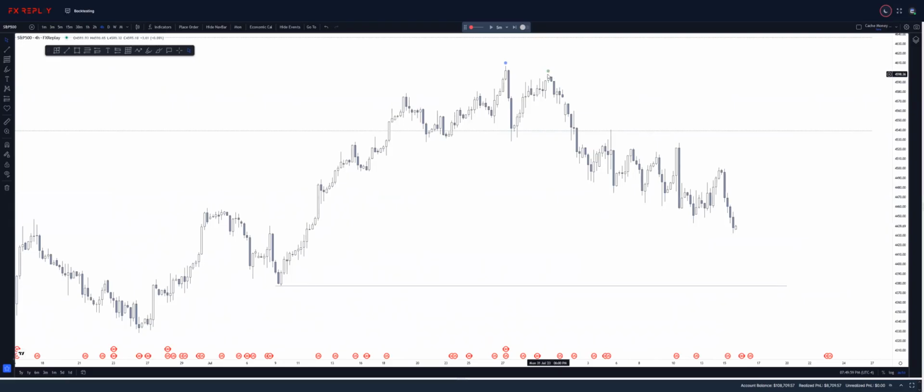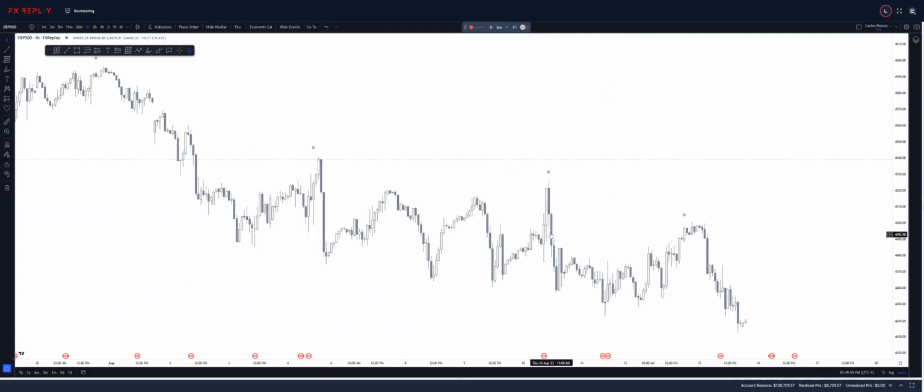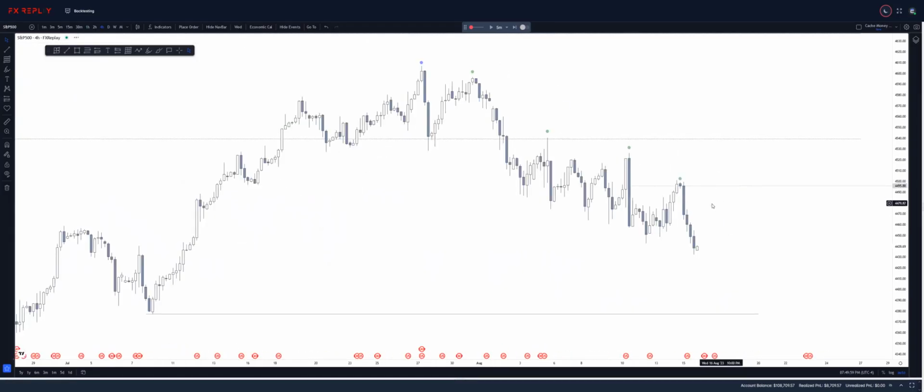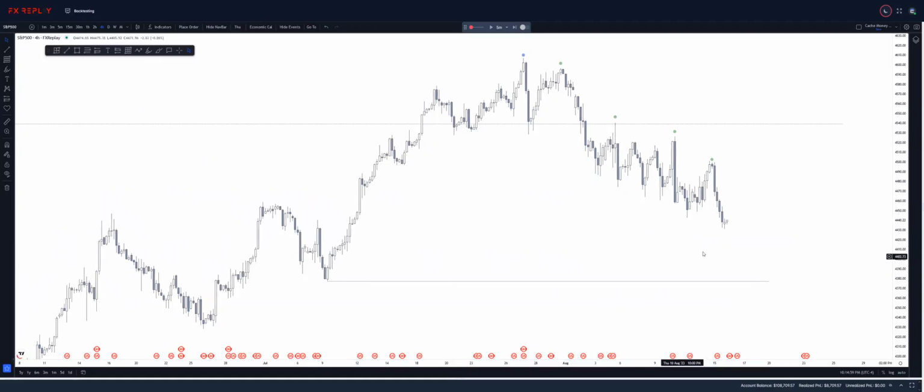Track ISP, ISP, ISP from here to here, pushes up, takes liquidity, could be seen as an ISP. We have to see on the 1 hour. Comes back, fills imbalance, pushes away. And then we have a tradable region from here, and we're looking to come take out this low.